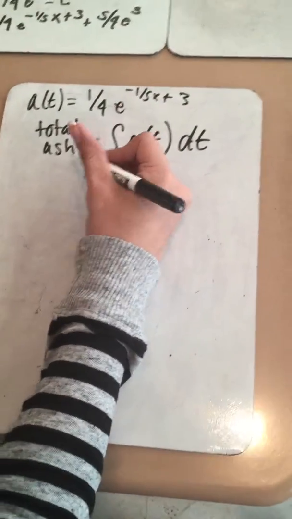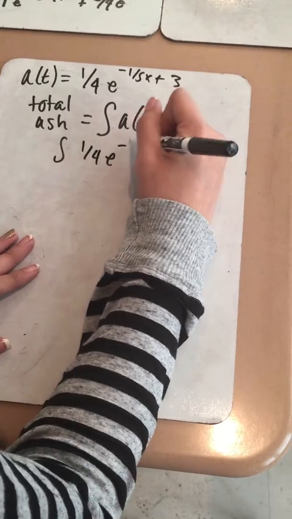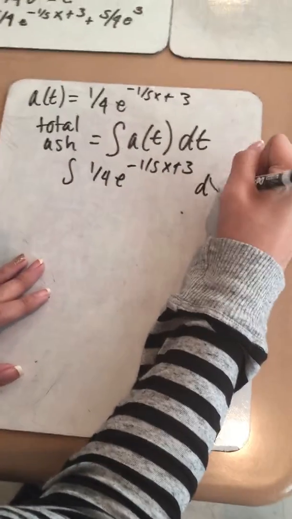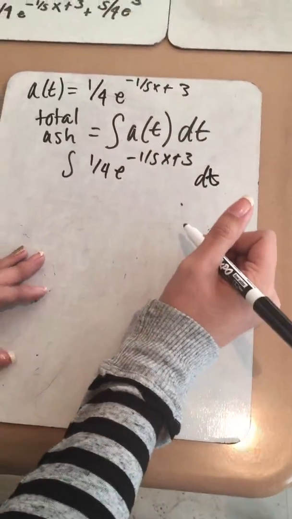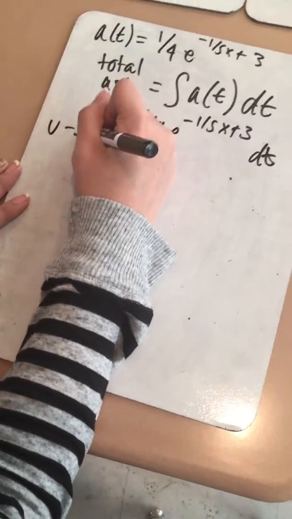So to solve this out, it's going to be the integral of 1/4 e^(-1/5 x + 3) dt. In order to do this, I'm going to have to use u substitution.